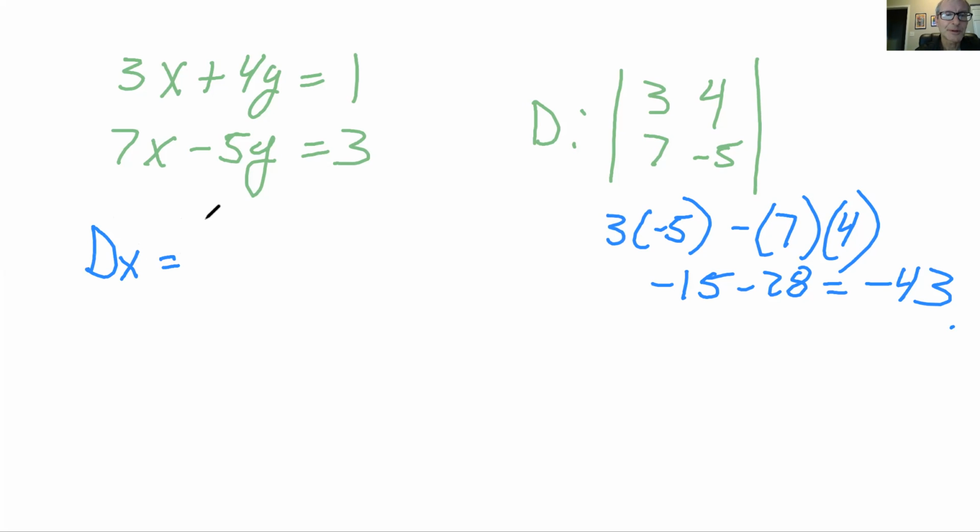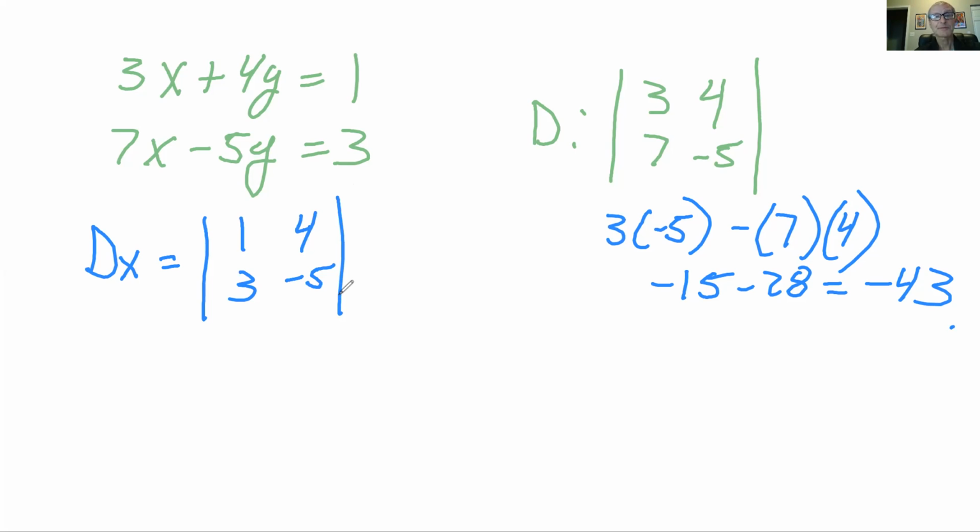So this determinant would be, instead of the 3, 7, you replace it with 1 and 31. So what ends up happening here is you would have 1 and 31, and then you keep the 4 and the minus 5.